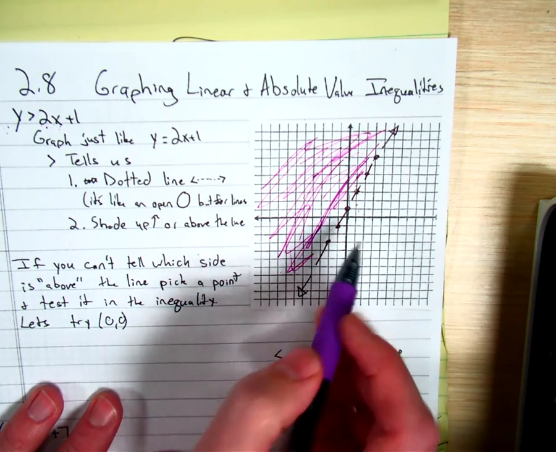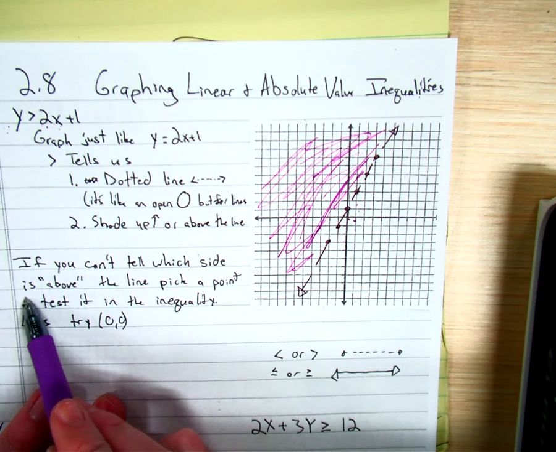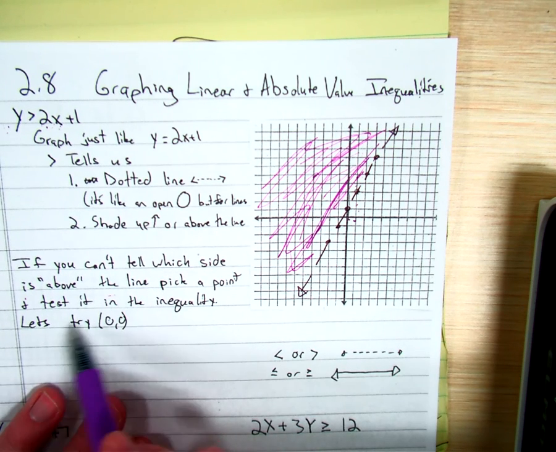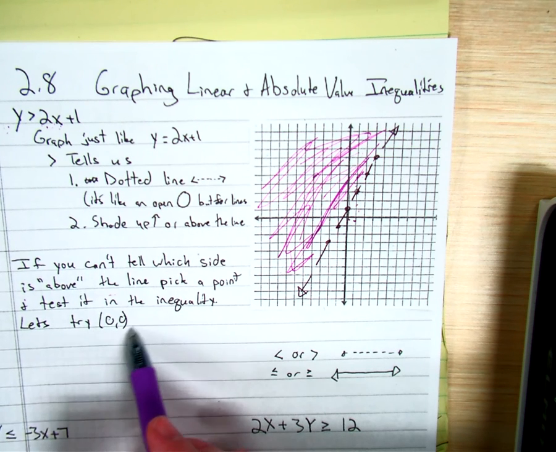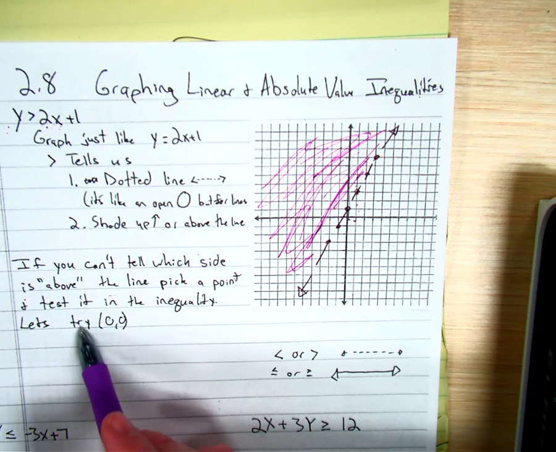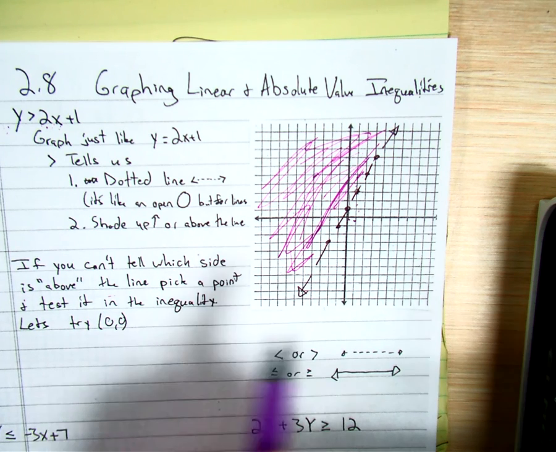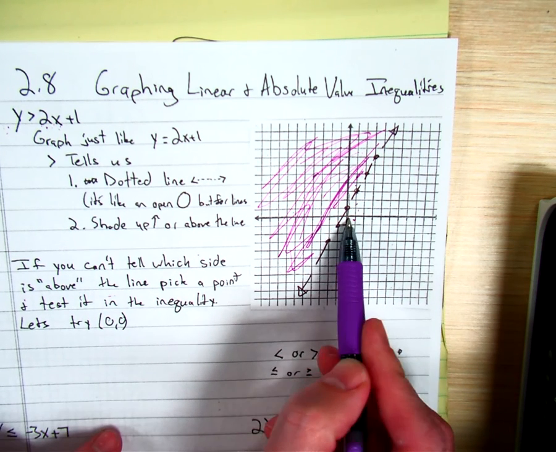A common test point to use, if you can't tell which side is above the line, is to pick a point and test it out in the inequality. 0, 0 is a super awesome one to use if you can, because it's really easy math. Okay? 0, 0 is not on my line, it's on one side.